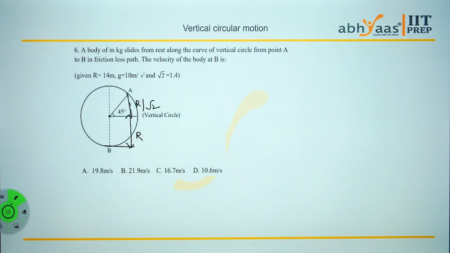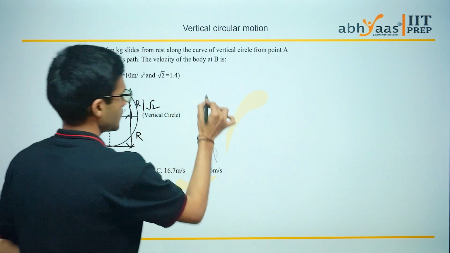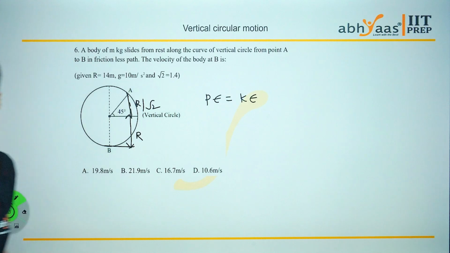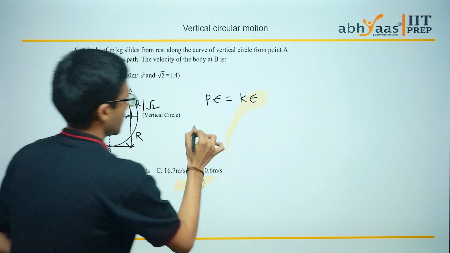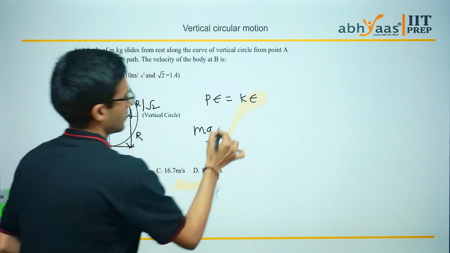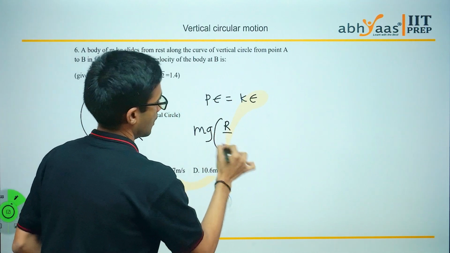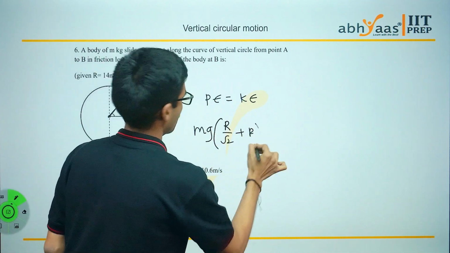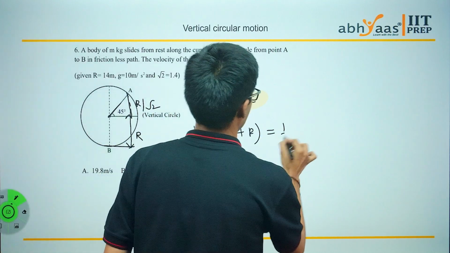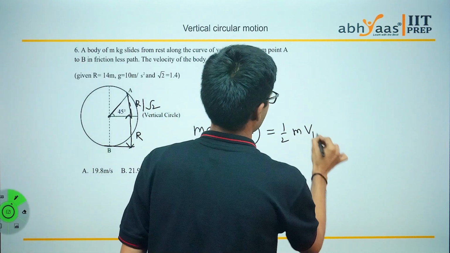Now, we need the velocity of the body at B, and we are considering potential energy equal to kinetic energy because of the law of conservation of energy. At this position the height is r by root 2 plus r, equal to half m vB square.